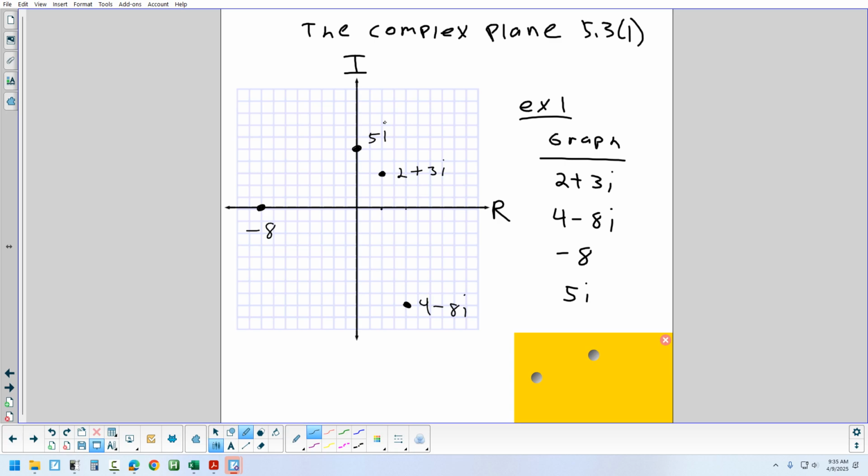That's all there is to graphing points. Now, if you switch it, it would be wrong. You can't go right 5. It has to be up 5. Right 5 would be different. Any questions on that?